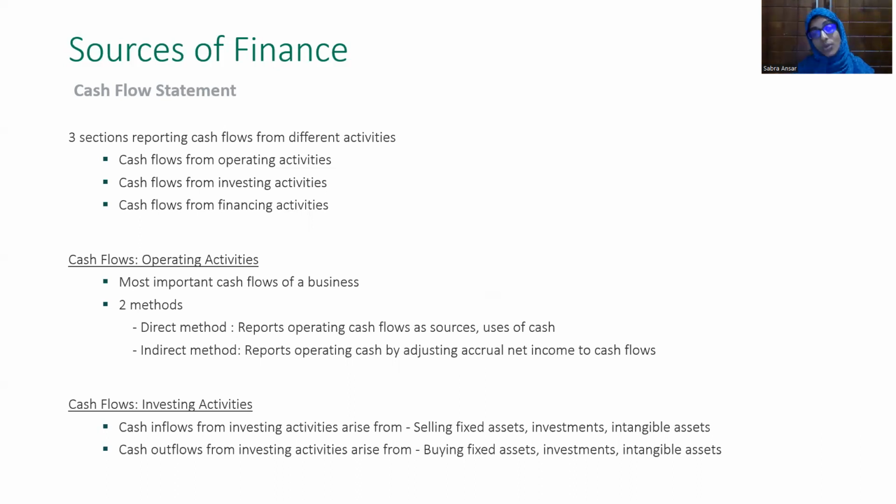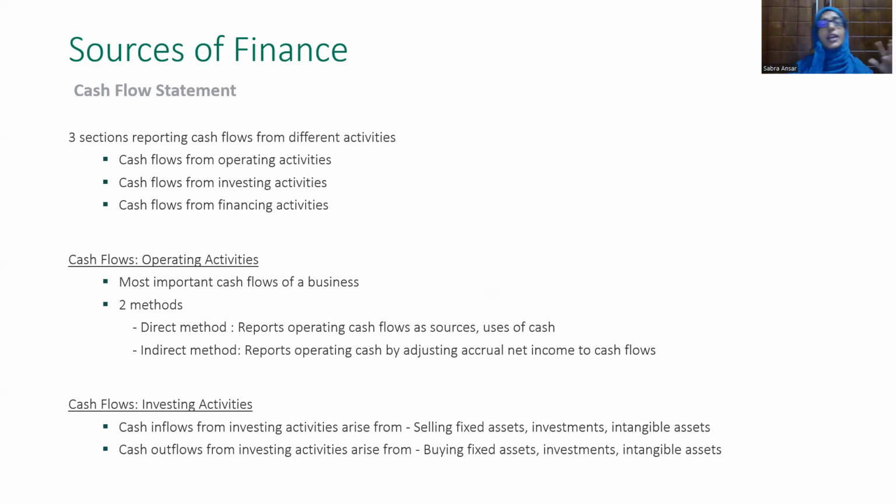When it comes to operating activities, it's one of the most important cash flows of an organization, because it includes how the cash comes into an organization and how the cash goes out of the organization. What is the amount of cash in hand is very important, because in order to do any type of operation, you need to have cash in hand, right?